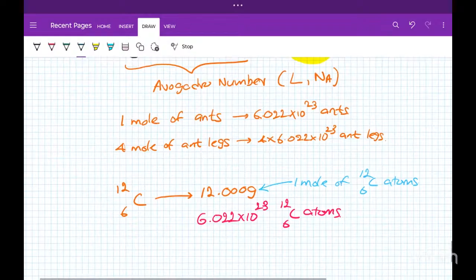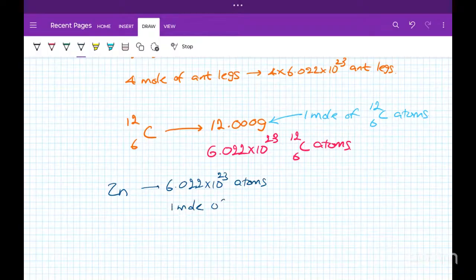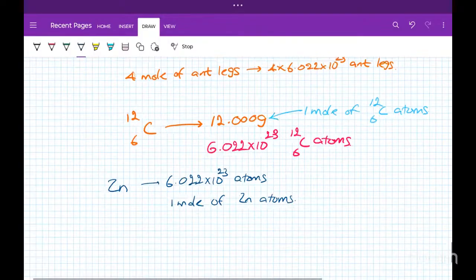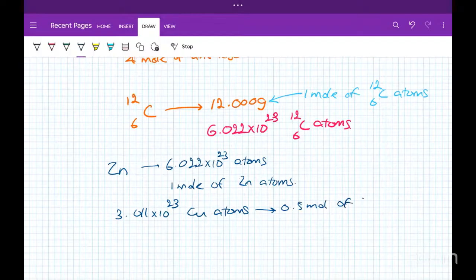Now, I am saying I will take 6.022 × 10^23 zinc atoms. In other words, I can say there is 1 mole of zinc atoms. Very simple. I'm taking 3.011 × 10^23 copper atoms. This is 0.5 mole of copper atoms.